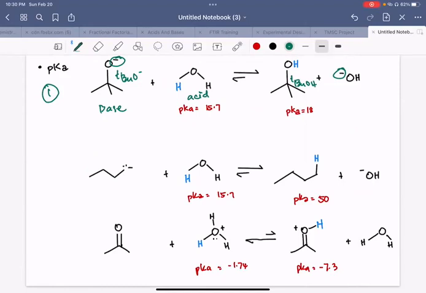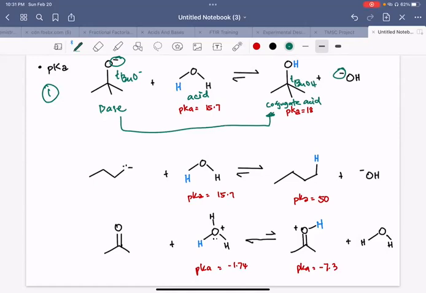So in acid-base reactions, the position of equilibrium should always favor the weaker acid and weaker base. Okay, so a base can become an acid when it has reacted with an acid, and that is called the conjugate acid of the base here.